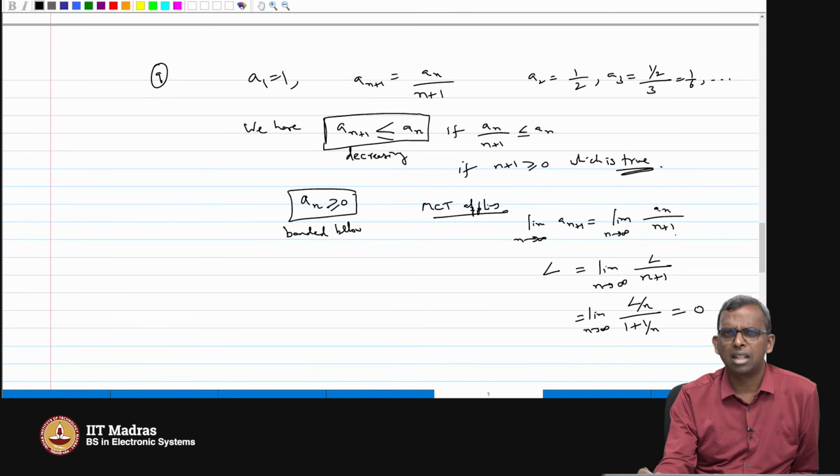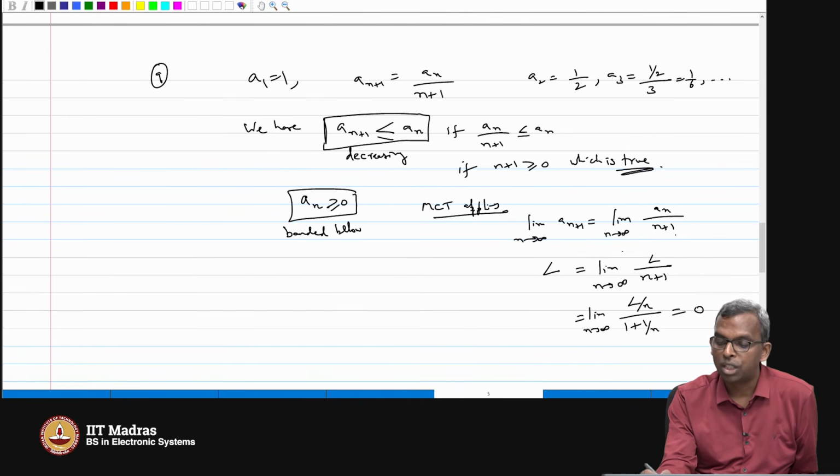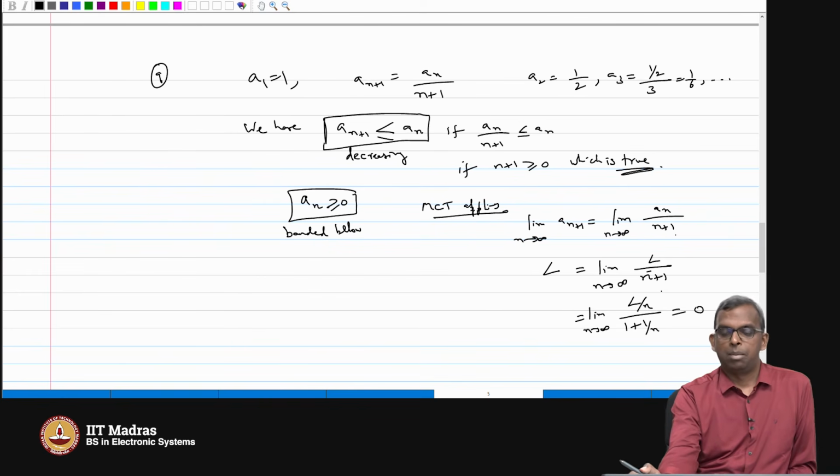So, notice the subtle bit of argument here when this n also shows up explicitly. I can push the limit inside, but then I should still keep this limit here. I can't get rid of this limit because the limit still applies, because the n is still there, not like n has disappeared. So, n is still becoming large, but I know the numerator is converging to this L, so I can put the L there and I will get my n plus 1. Okay.